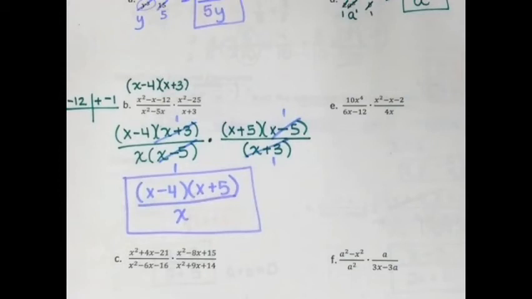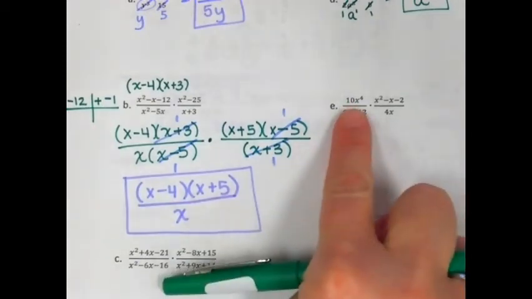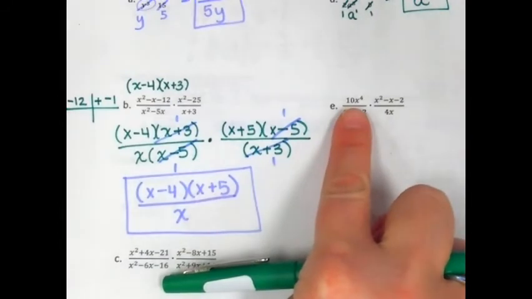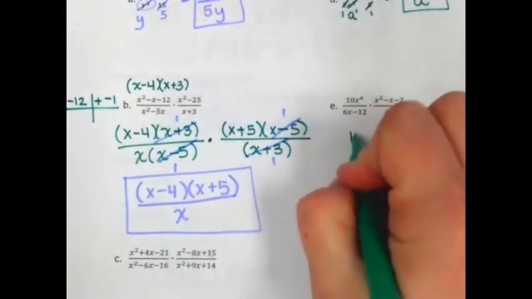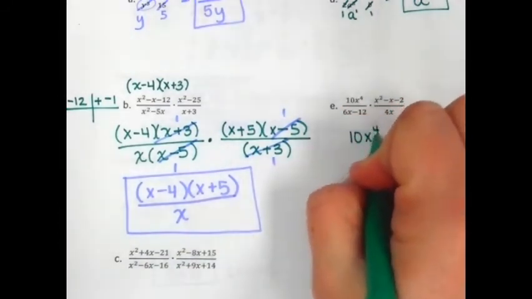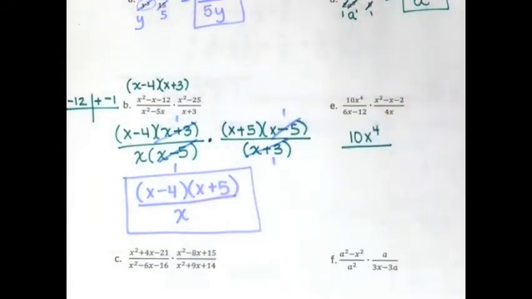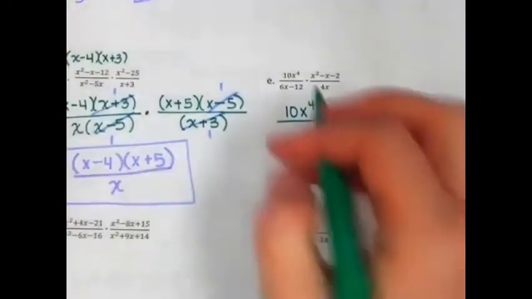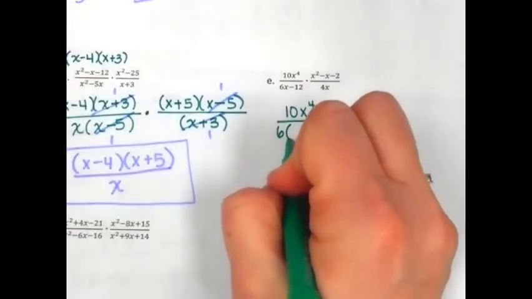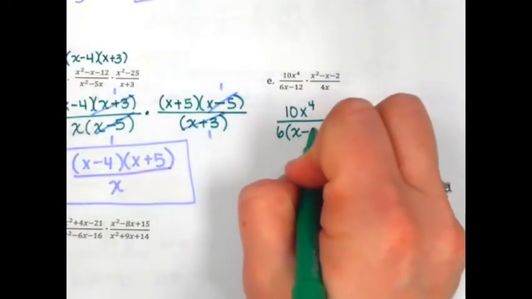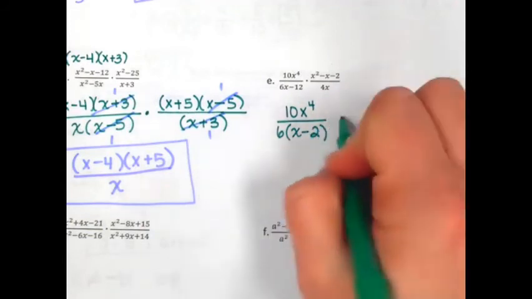All right, let's look at E here. Ooh. 10x to the 4th. There's nothing to factor, can I? Nope. So we leave it as 10x to the 4th. Can I factor anything out of 6x and 12? Yeah, what? 6, good. And if I take out a 6, I'm left with x minus 2, good.